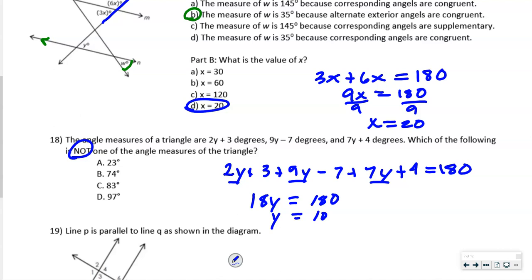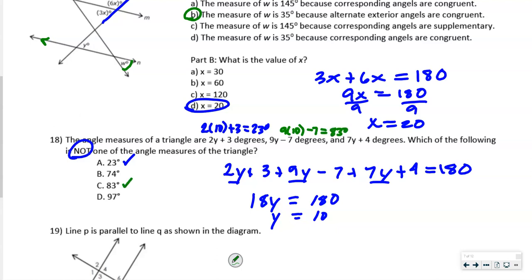So now we have to plug that 10 back in to all three to find out which one of those answers is incorrect, right? So we're going to go 2 times 10, that's 20, plus 3. So this one's 23, right? So that one checks out. Okay, let's do this next one. 9 times 10, that's 90, minus 7 is going to be 83, right?